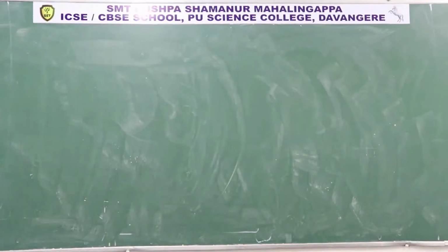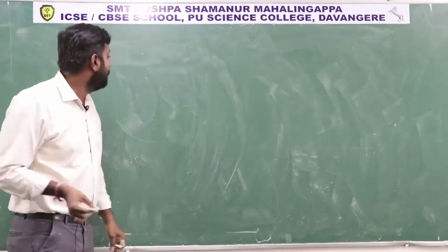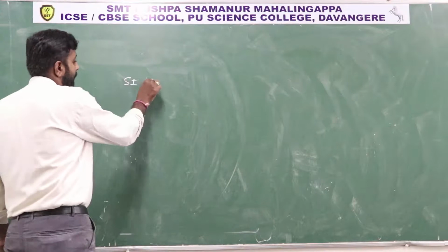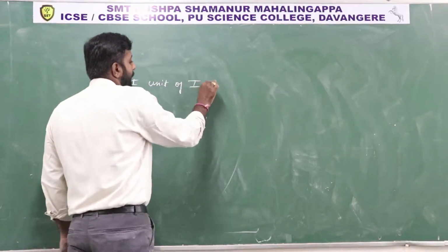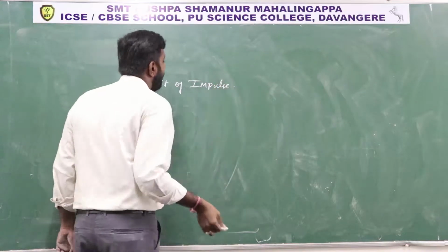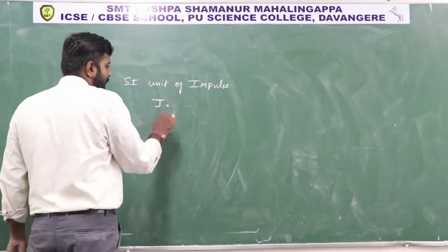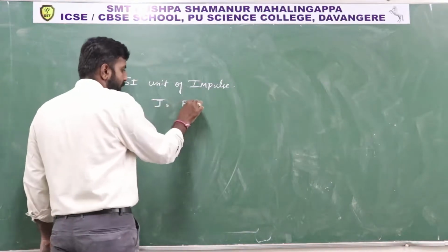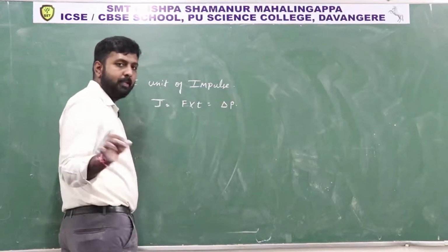And one more thing, remember the SI unit of impulse. Okay, the SI unit of impulse: J is equal to F into T, also we can write it as change in momentum, isn't it?